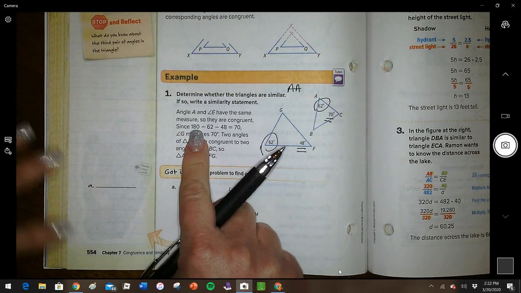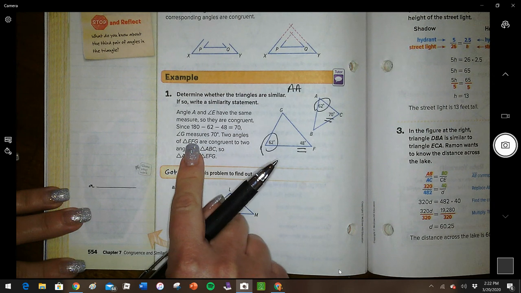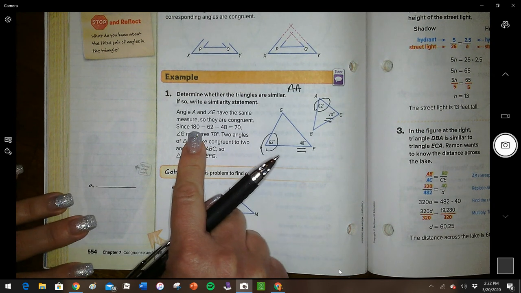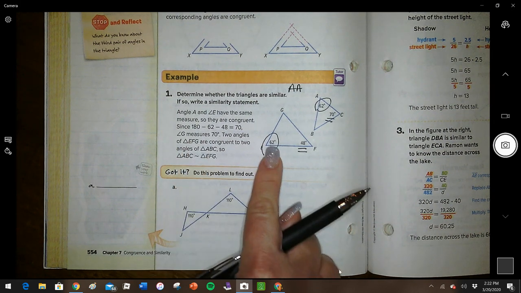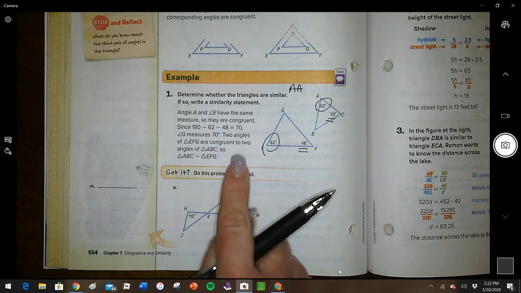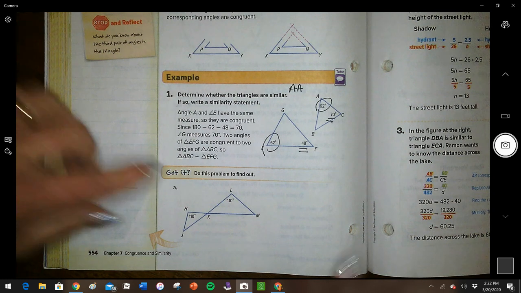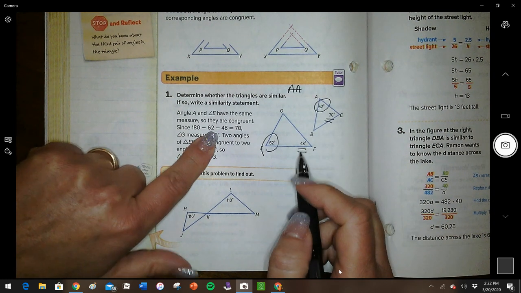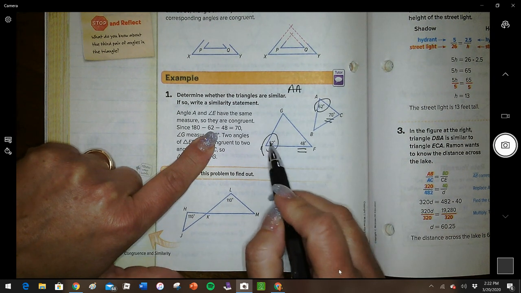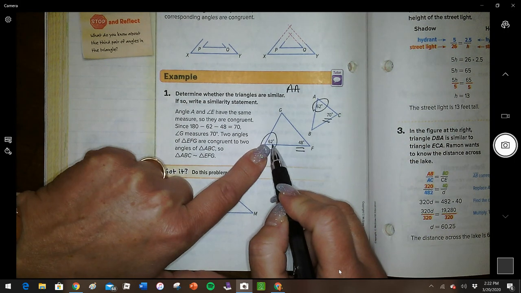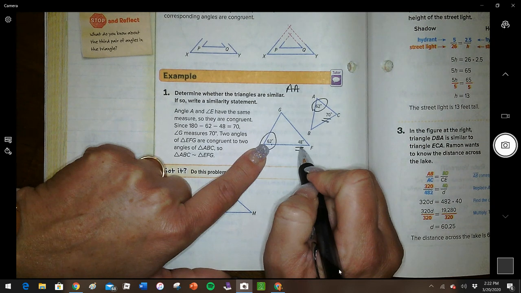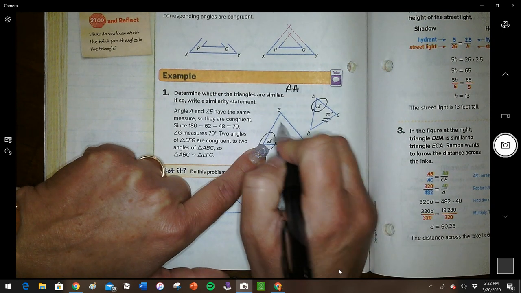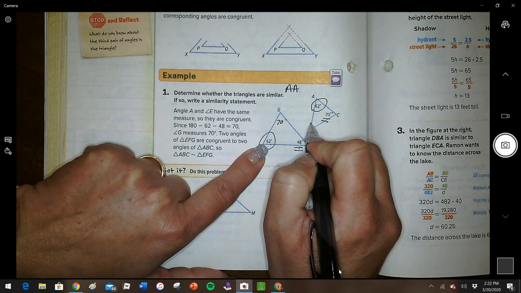And if you look over in the description, they say 180. What do you know about 180, right? You know there's 180 degrees inside that triangle. And so you can find the missing pieces. So if we take 180 and we subtract 62, then we know that one of our angles is 48 and we can get the other angle to be 70.